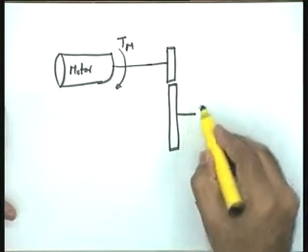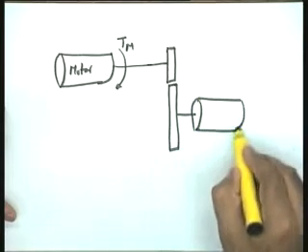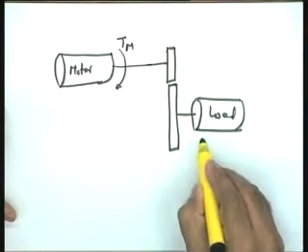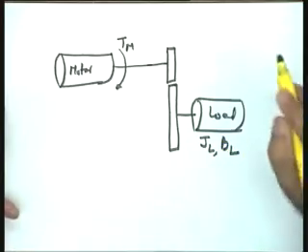So, on this particular gear I have the load, and the 2 parameters of the load we had taken were JL and BL.